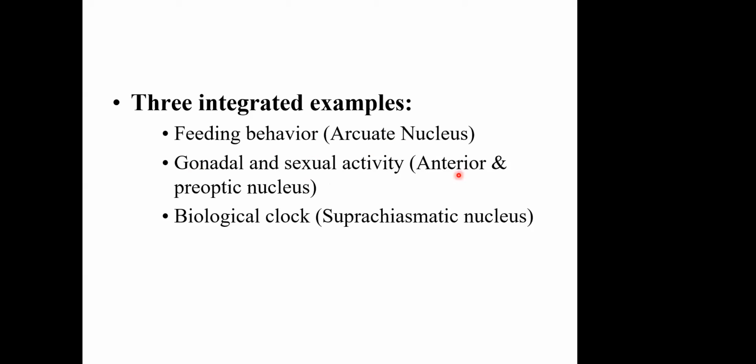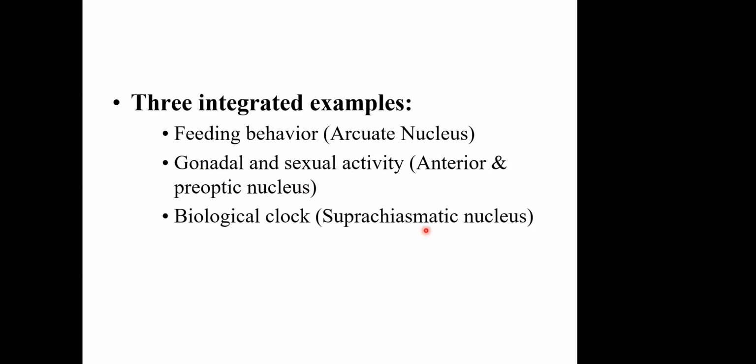The second is the anterior hypothalamic area and preoptic nucleus, as we mentioned. We will talk about how it affects the gonads and the sexual activity in humans.